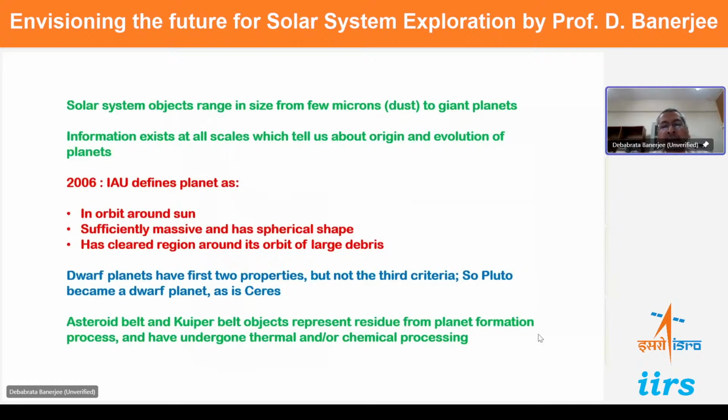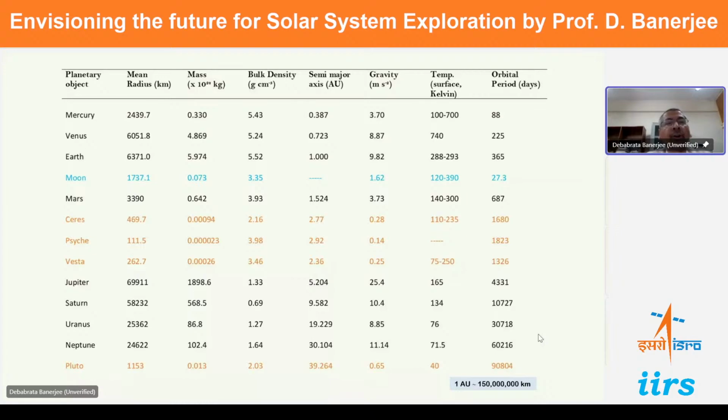And then you have the asteroid belt and the Kuiper belt objects, which represent residue from the planet formation process and have undergone thermal or chemical processing. So this is showing you some physical properties of the planets and dwarf planets, and you can see that the various radii, mass, bulk density, semi-major axis, gravity, temperature, and orbital periods are listed here.